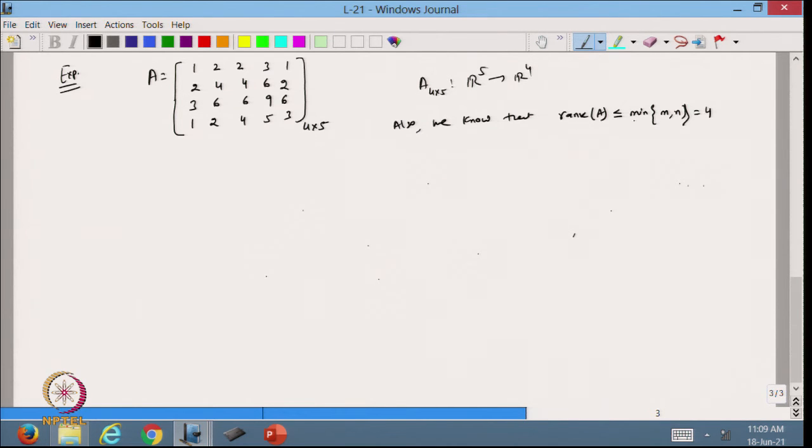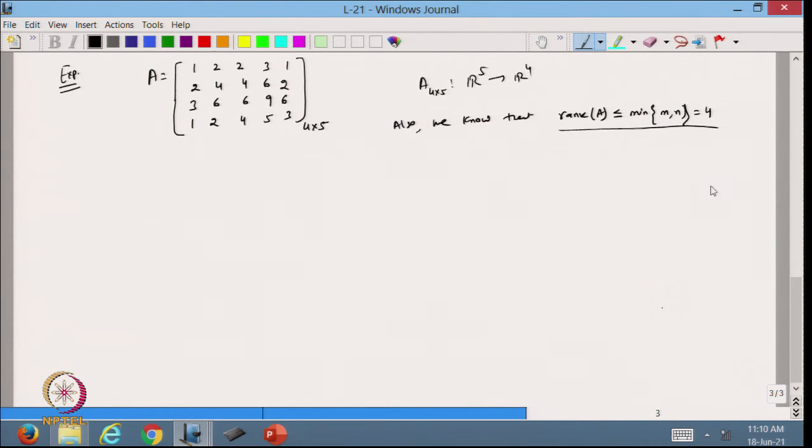So the rank of the matrix is less than or equal to 4. Suppose the rank of the matrix becomes 4, it means all the 4 rows will be effective in making the range space, and then we can also see that the corresponding null space will contain only the 0 element. These things we can find out.